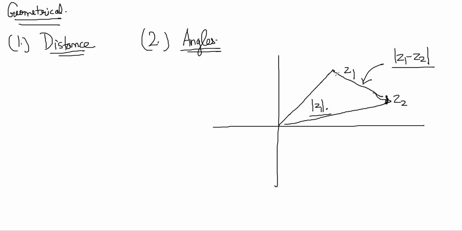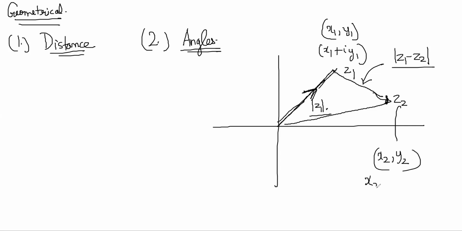Because think of this Z1 as a vector till here. Z1 is x1 plus iy1, or the point x1 comma y1, right? Z2 is the point x2 comma y2, or you can think of it as x2 plus iy2. Now the same logic of complex numbers can be extended to vectors also.